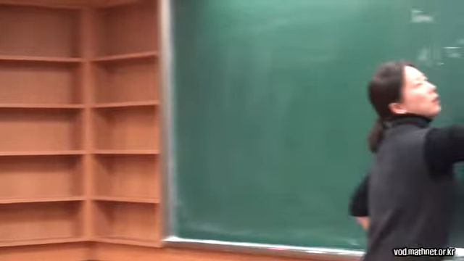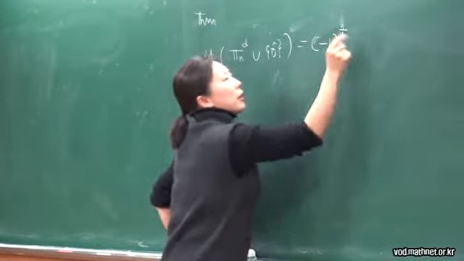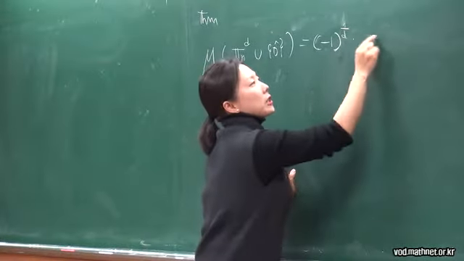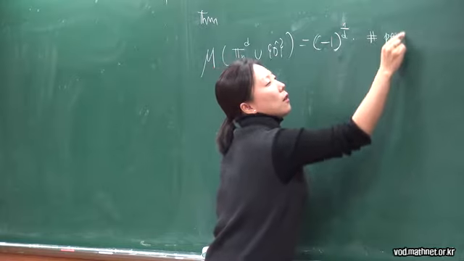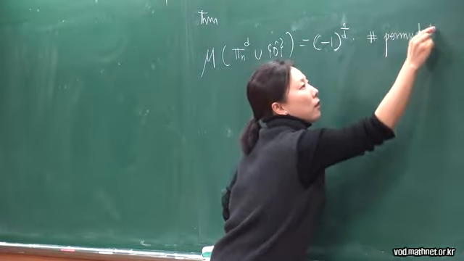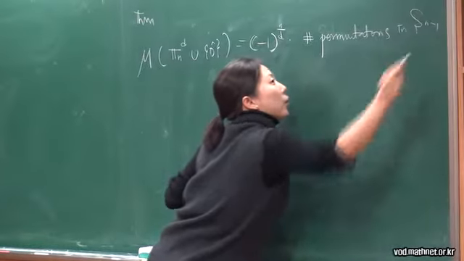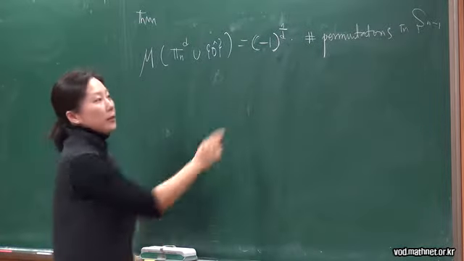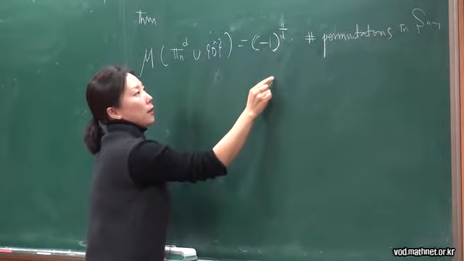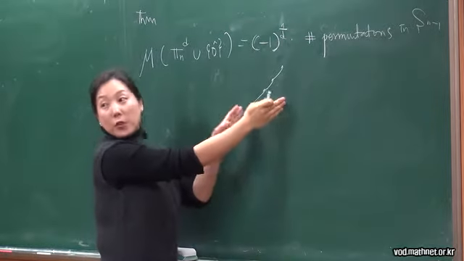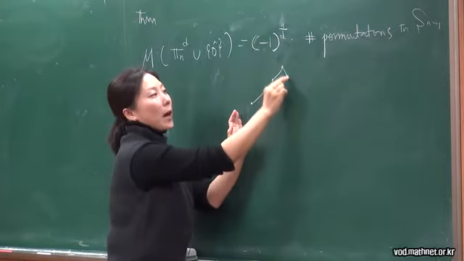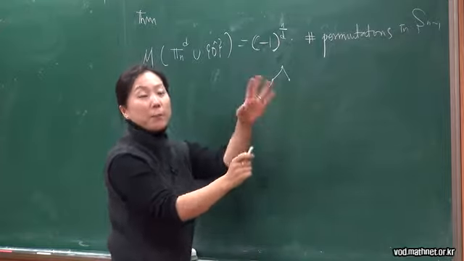Okay, so here we have the theorem. Not just 2, if you have the d, here you need the number of the permutations in S of n minus 1, which has the patterns increasing at the first d positions, and we have the descent at every d positions.